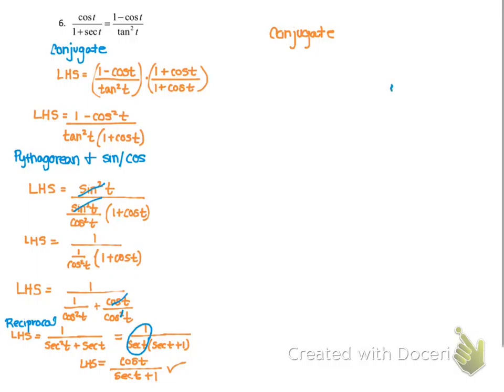And that's going to look like this. This is my original, cosine t over 1 plus secant t. So I'm going to multiply it by 1 minus secant over 1 minus secant.